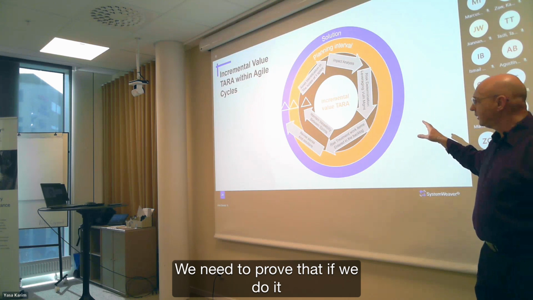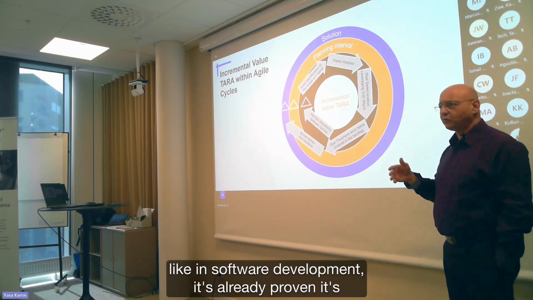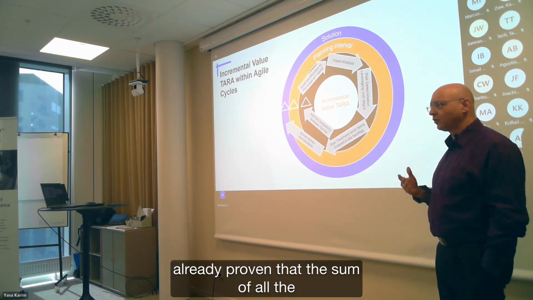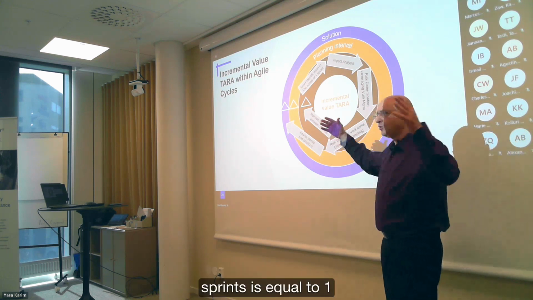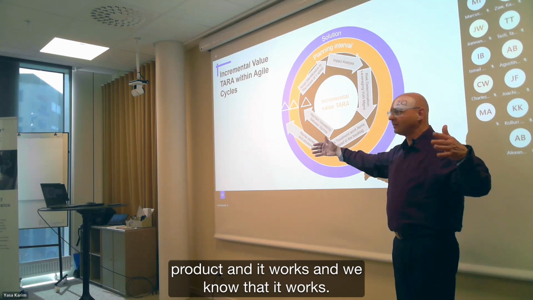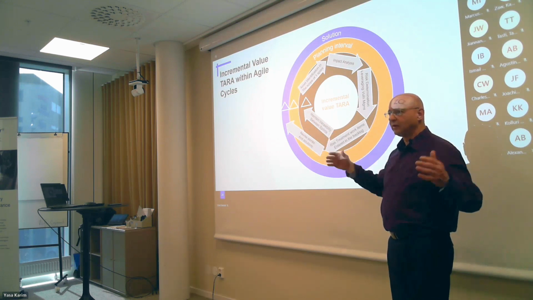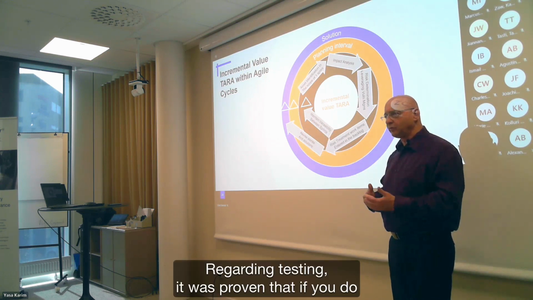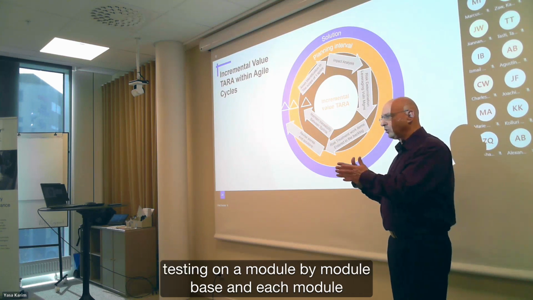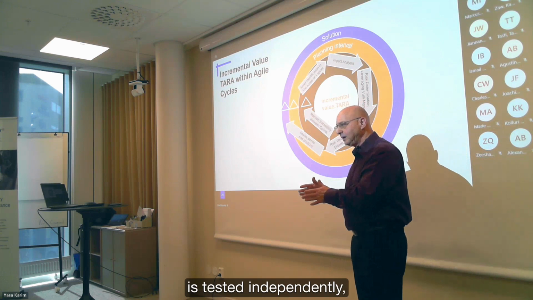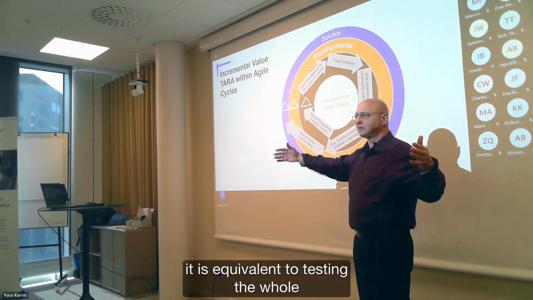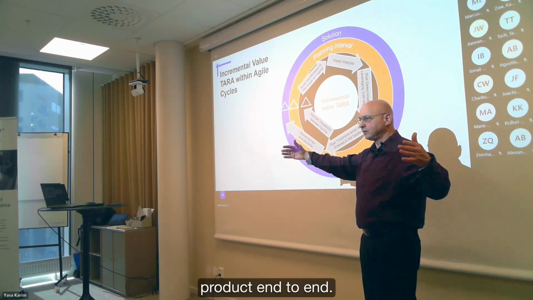We need to prove that if we do it, like in software development, it's already proven. It's already proven that the sum of all the sprints is equal to one product, and it works, and we know that it works. Regarding testing, it was proven that if you do testing on a module by module basis, and each module is tested independently, it is equivalent to testing the whole product end to end.